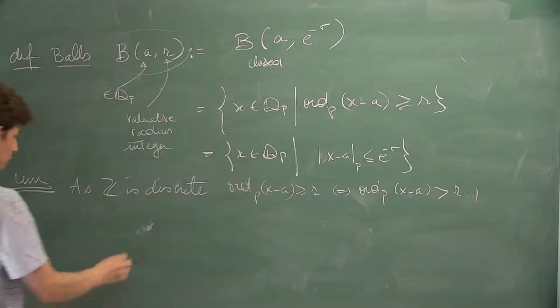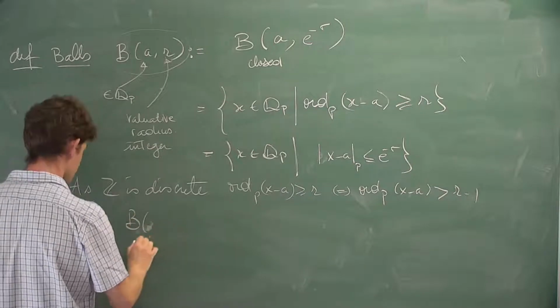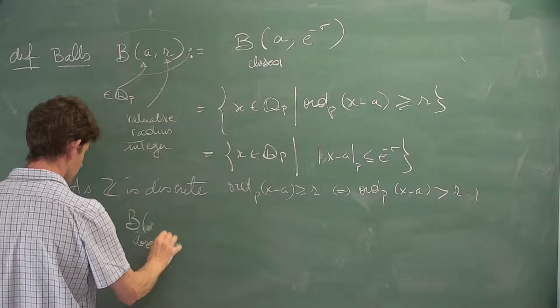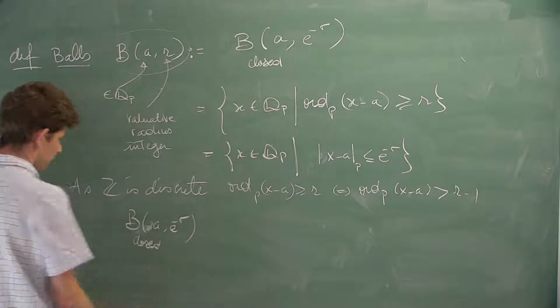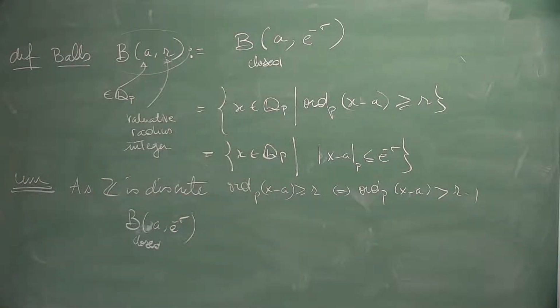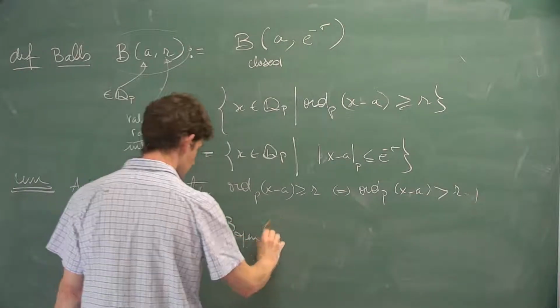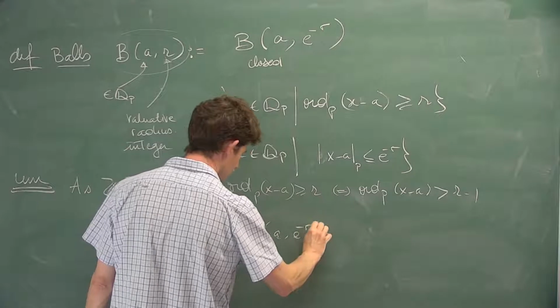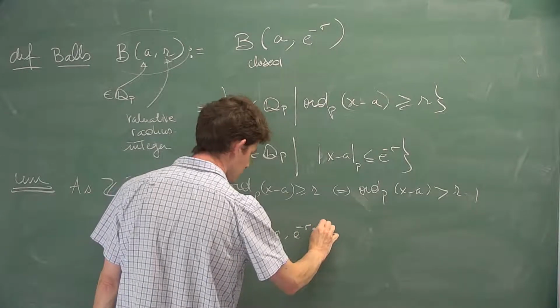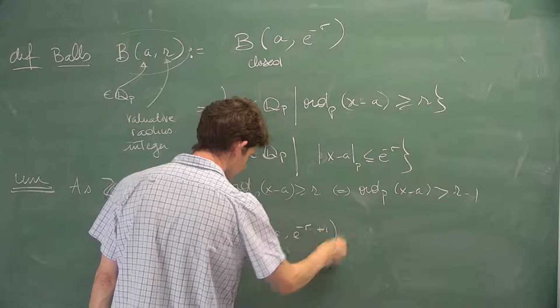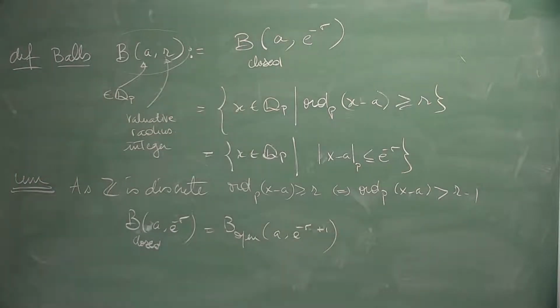Now that means that the closed ball with center a and radius exponential minus r is equal to the open ball. So in that world, closed balls are also open, okay?